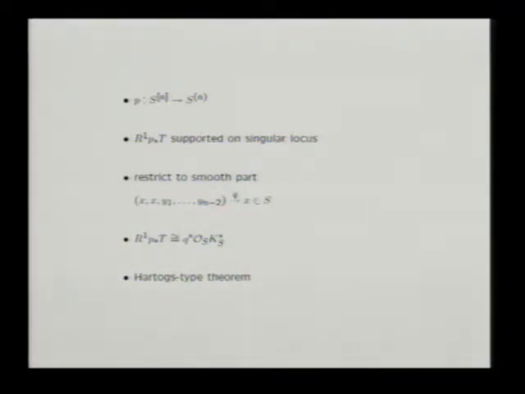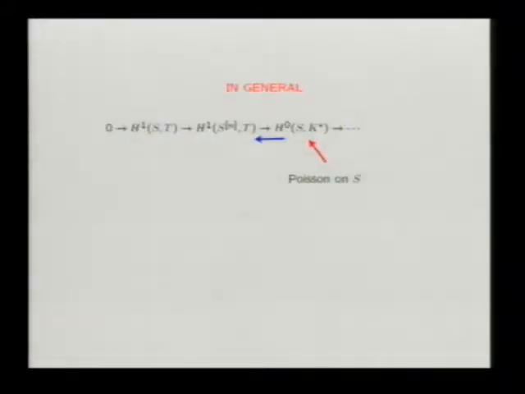The smooth part of the singular locus is where only 2 points coincide, and there you have a map down onto the surface itself, and this sheaf is supported on this. And over here it's isomorphic to the pullback of the anti-canonical bundle on S. And then you're looking at H1s, so there's some kind of codimension argument and Hartogs type theorem, which says that as far as H1s are concerned, you can forget about all the other parts in this. But that's not an important issue.